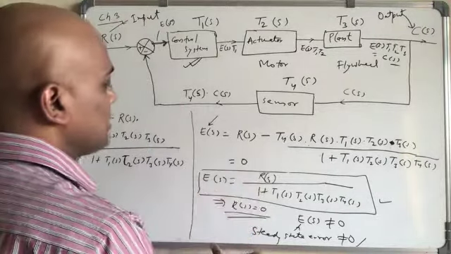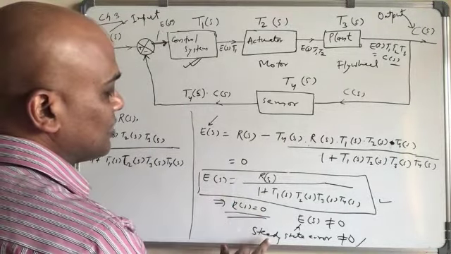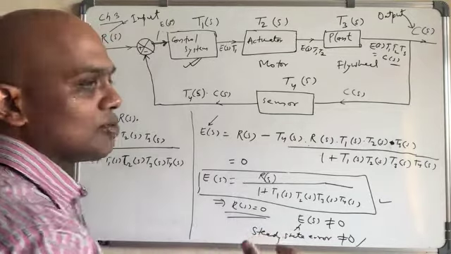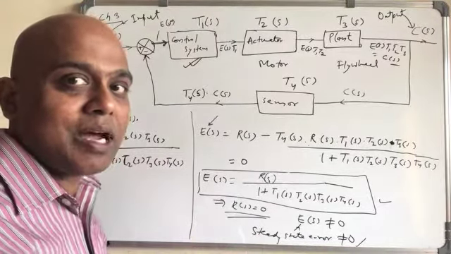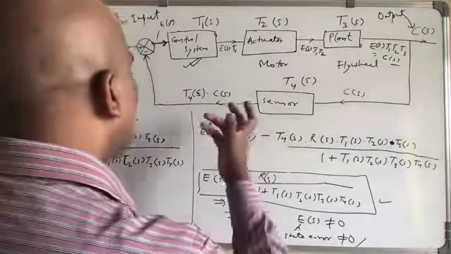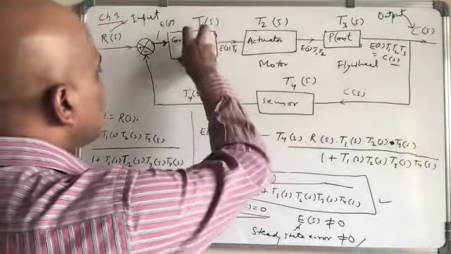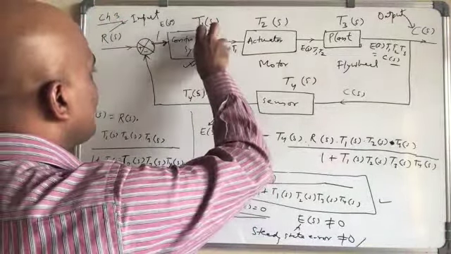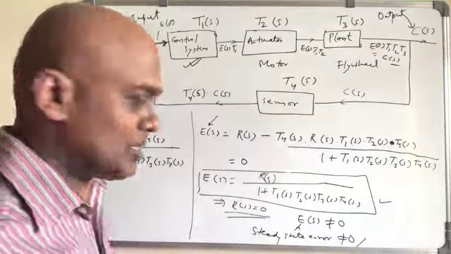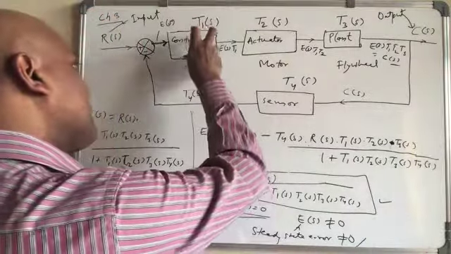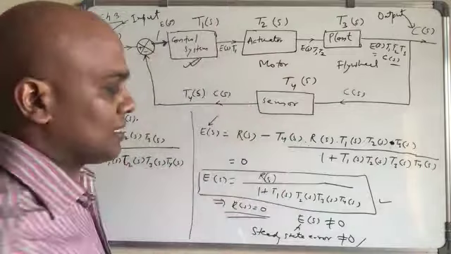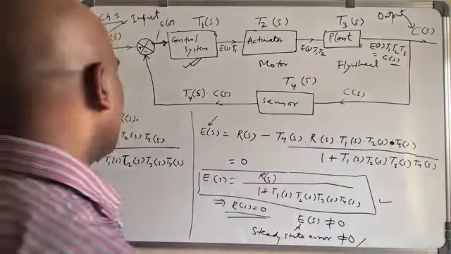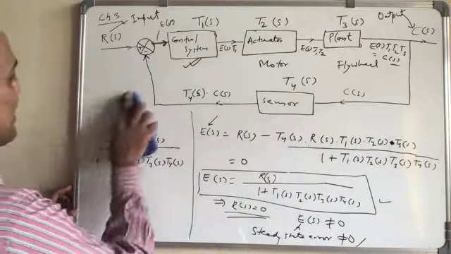Controlling that really means you should be able to get steady state error equal to 0, or basically minimize it. In order to minimize it, the kind of control system you need will be decided accordingly, and you can find out which options we have.